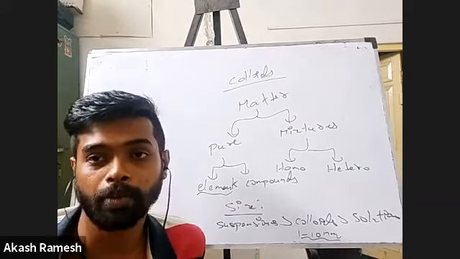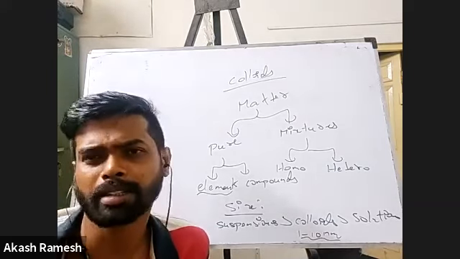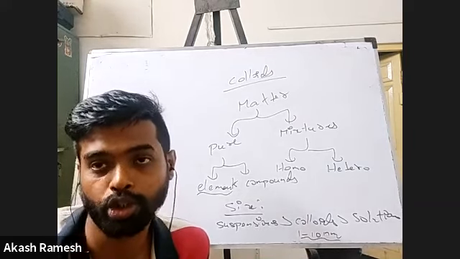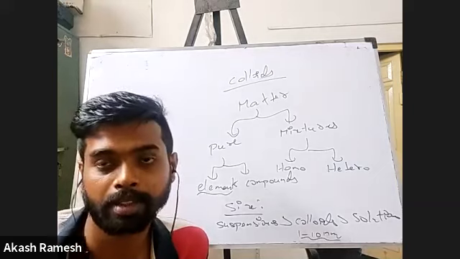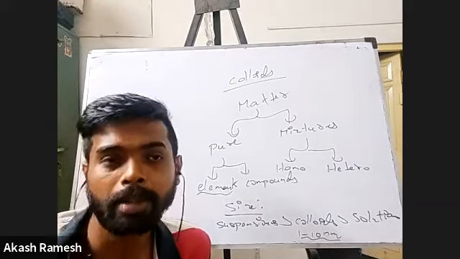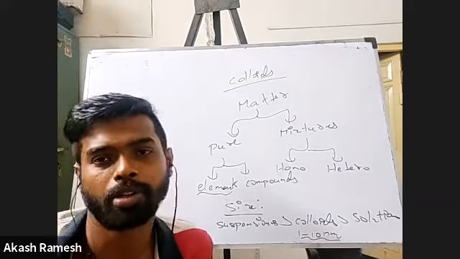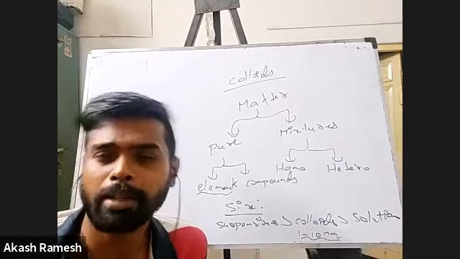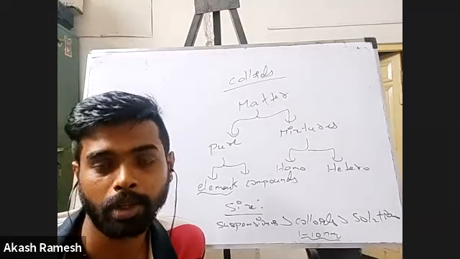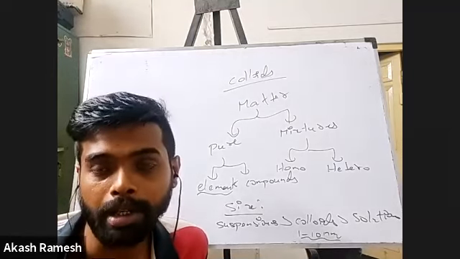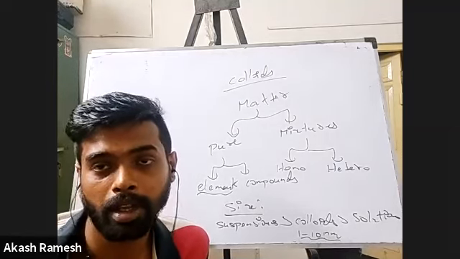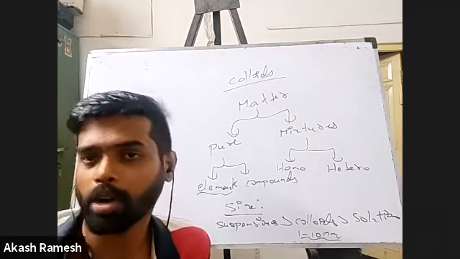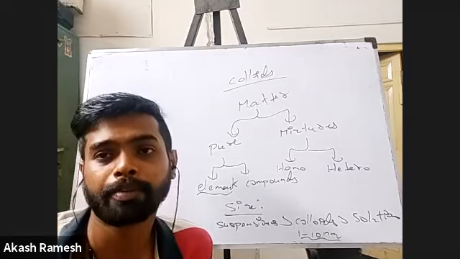The dispersed phase is analogous to the solvent in a solution, and the dispersed medium is like your solute, though that doesn't hold good every time, but you can still consider it like this. Dispersed phase means solvent, dispersed medium means solute. Okay, so we understood what colloids are and what they are made up of.